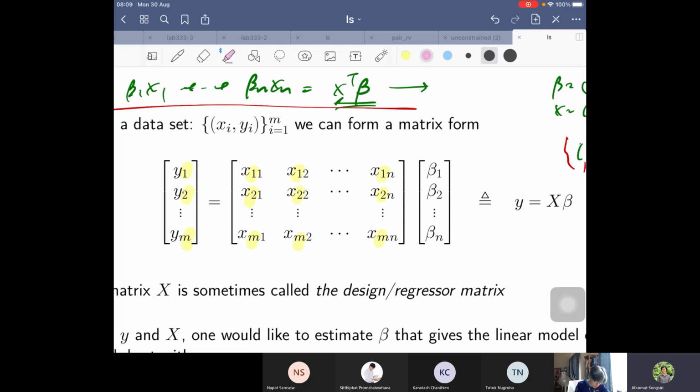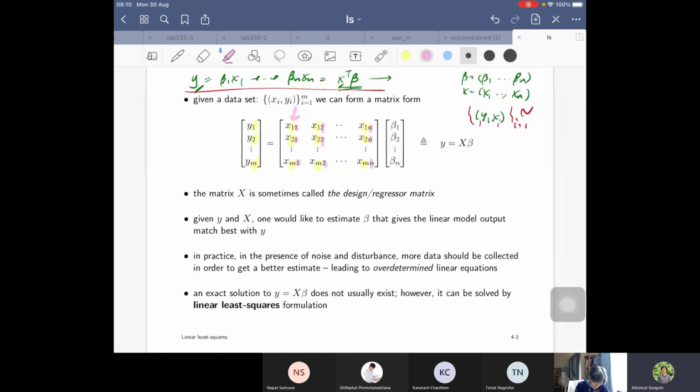With the pink color, it means that you collect x1. So the yellow color means that the variable x1 is for sample index 1, 2, 3, dot, dot, dot, m.